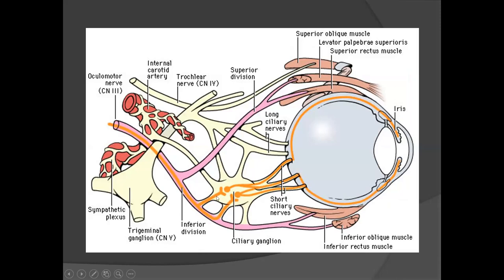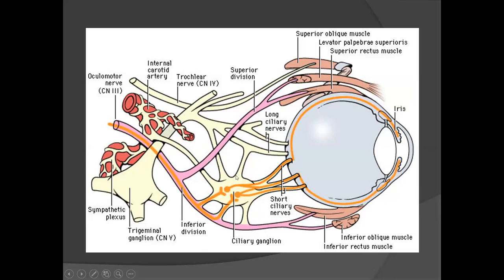Preganglionic fibers come to the ciliary ganglion and synapse, and the postganglionic fibers go out to supply the ciliaris muscle and the sphincter pupillae.